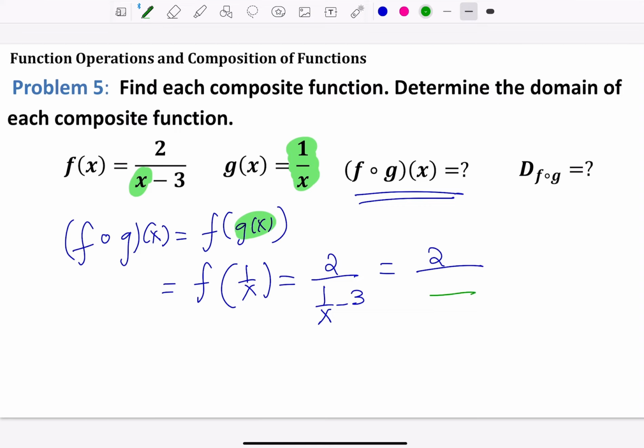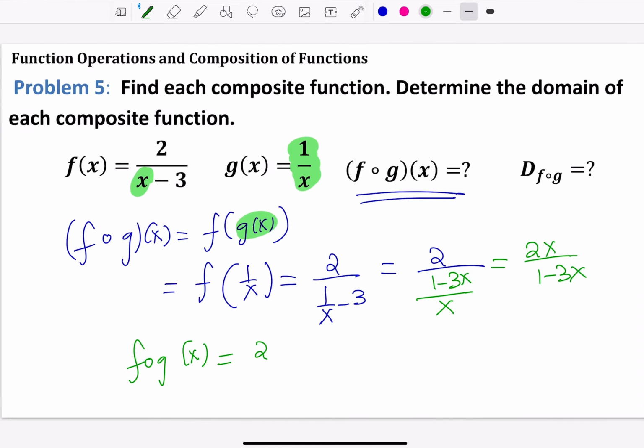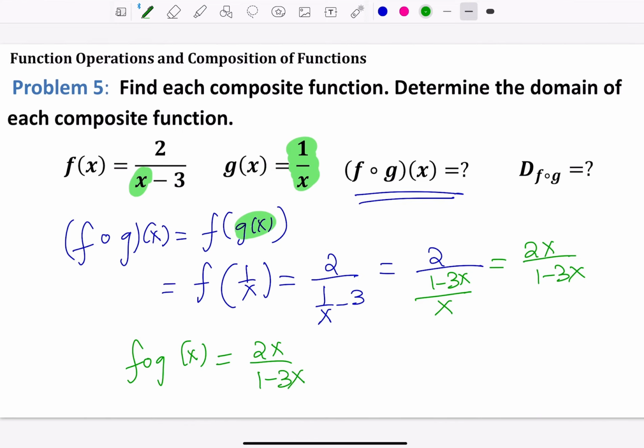We have a complex fraction here, with 1 minus 3x, and it's not a 3 in the denominator, it's going to be an x in the denominator, 1 minus 3x. That would be 2x over 1 minus 3x. So that's my composite function f of g of x, 2x over 1 minus 3x.